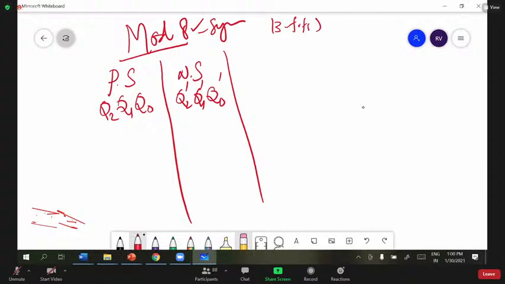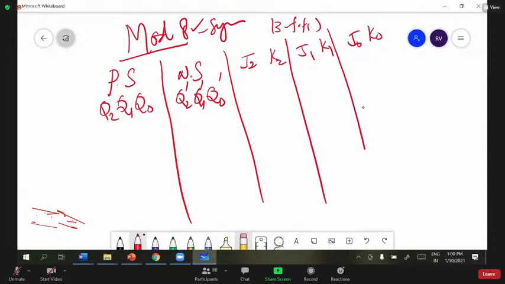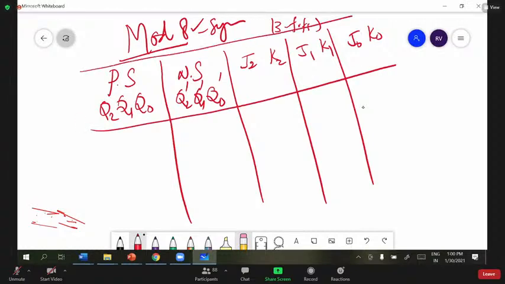Later you are finding the inputs for three flip-flops: J2, K2, J1, K1, J0, K0. Like this you have to prepare the truth table. Now you just tell me how you write this truth table. 0 to 7, right?